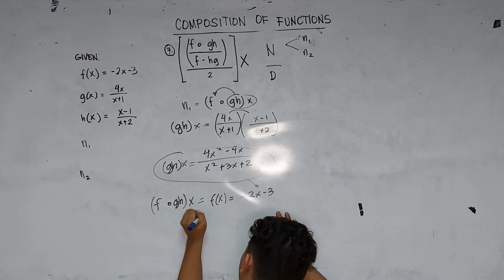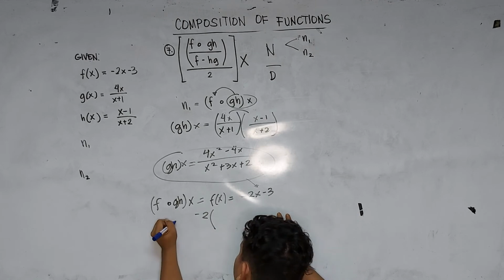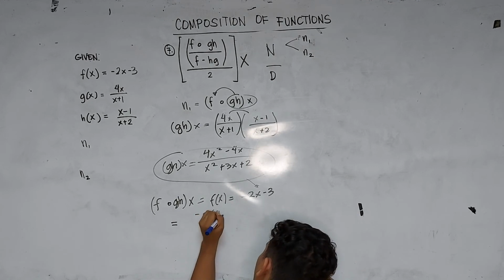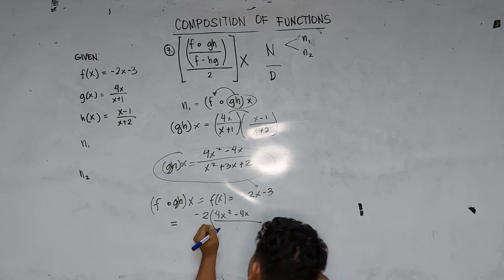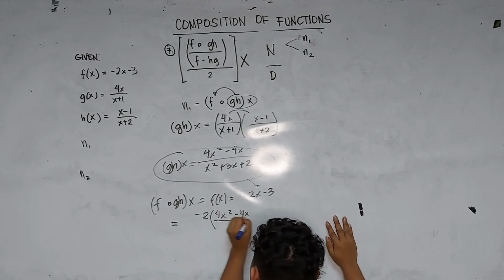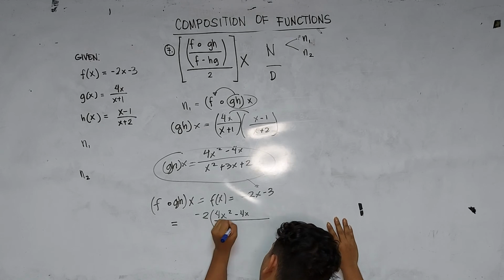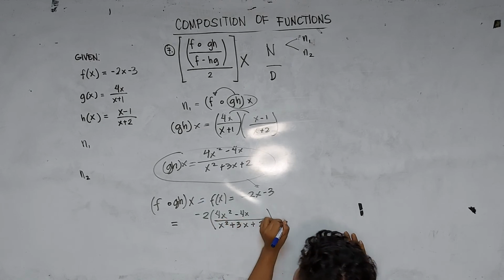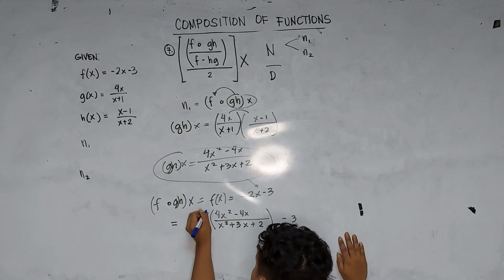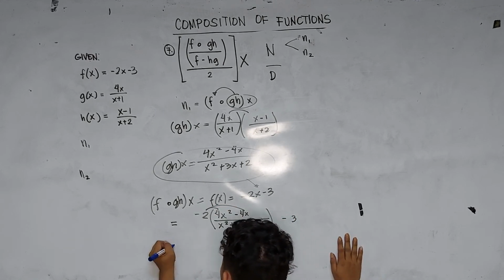So it becomes negative 2 times 4x squared minus 4x over x squared plus 3x plus 2 minus 3. This is going to be multiplied or distributed.